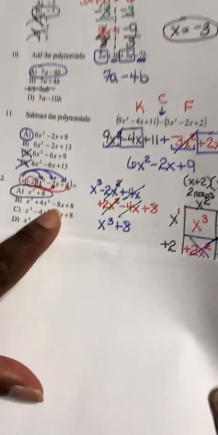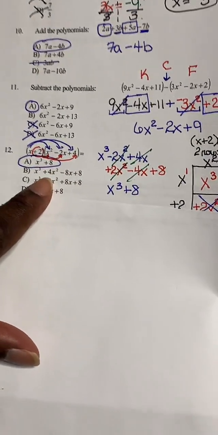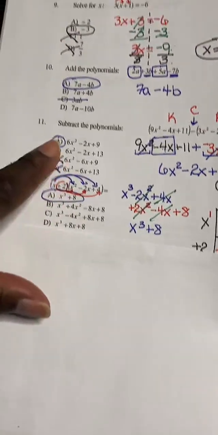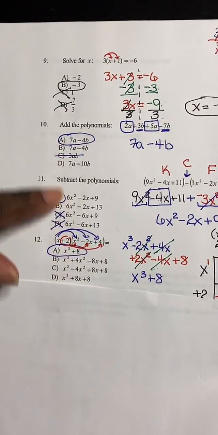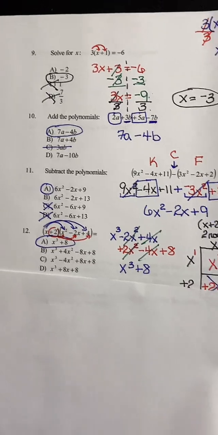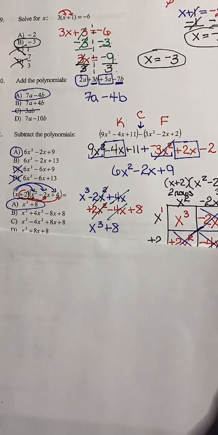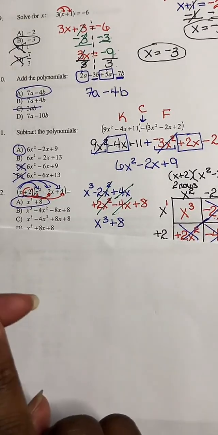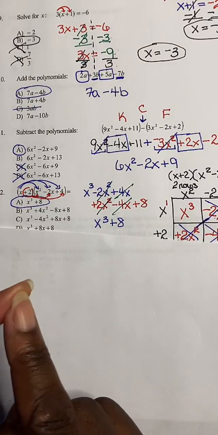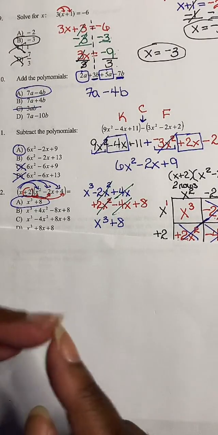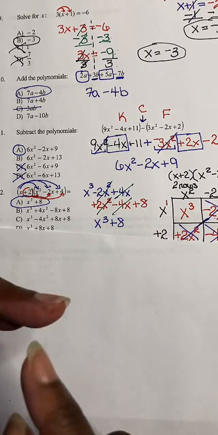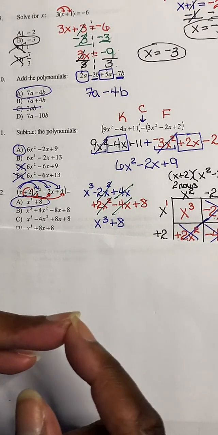Then a 3-point question will be doing the distributive property, solving, multiplying your polynomials, adding, subtracting your polynomials. Those will be 3-point questions.